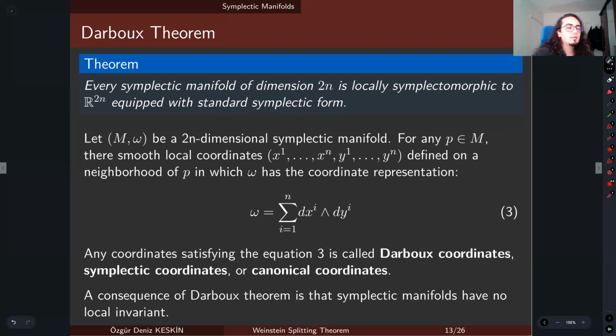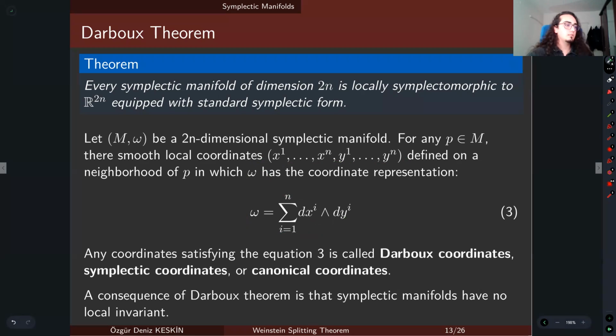It actually says that we can think of it like this: for any point P, in a neighborhood of P, we can find local coordinates, and in this coordinate representation, our two-form has the representation of the standard form on R^2n. Such coordinates are called Darboux, symplectic, or canonical coordinates.